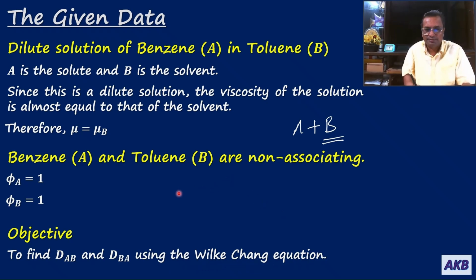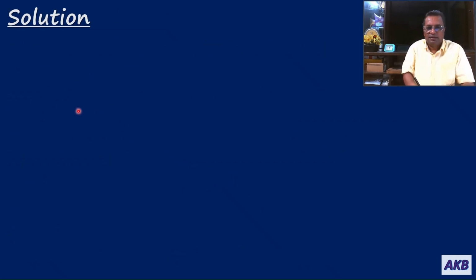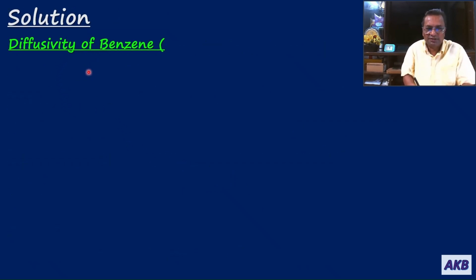Let us move on. Now let us start solving this numerically. First we will find out the diffusion coefficient of benzene in toluene, that is the diffusivity of benzene in toluene.